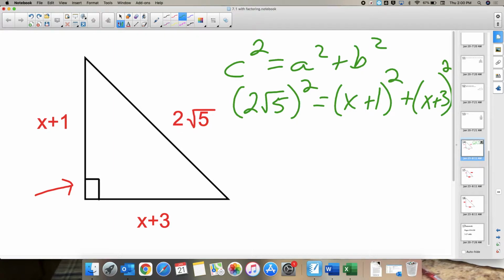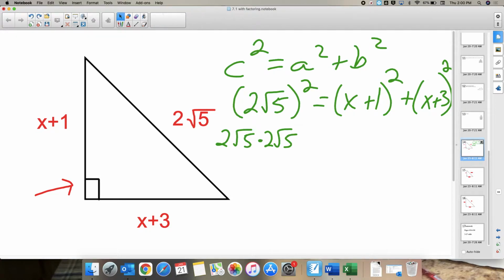Now, when we do 2 square roots of 5 squared, if you're going to do it on the calculator, you have to really be careful. Make sure you square everything. Right? 2 square roots of 5 squared means we have 2 square roots of 5 times another 2 square roots of 5.